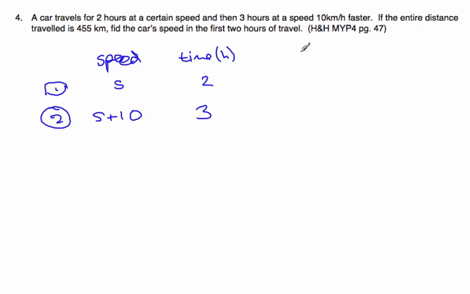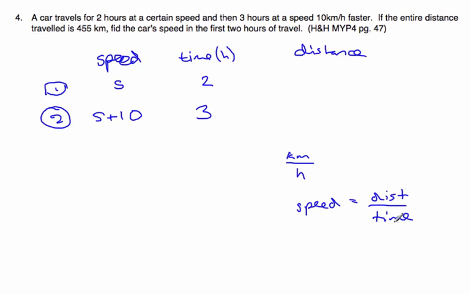Now we have to think about the relationship between distance, speed, and time. If I go 10 kilometers an hour and multiply that by 5 hours, I multiply speed and time and I get my distance. Speed is kilometers per hour, so it makes sense that speed is the distance divided by the time.